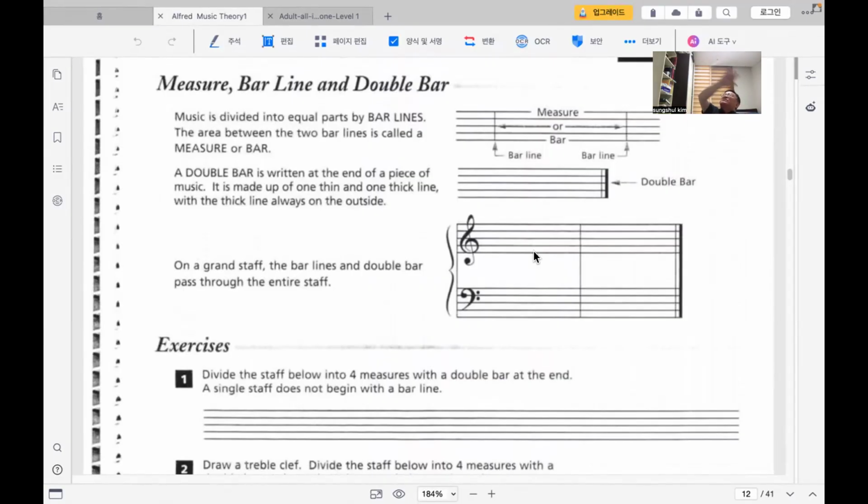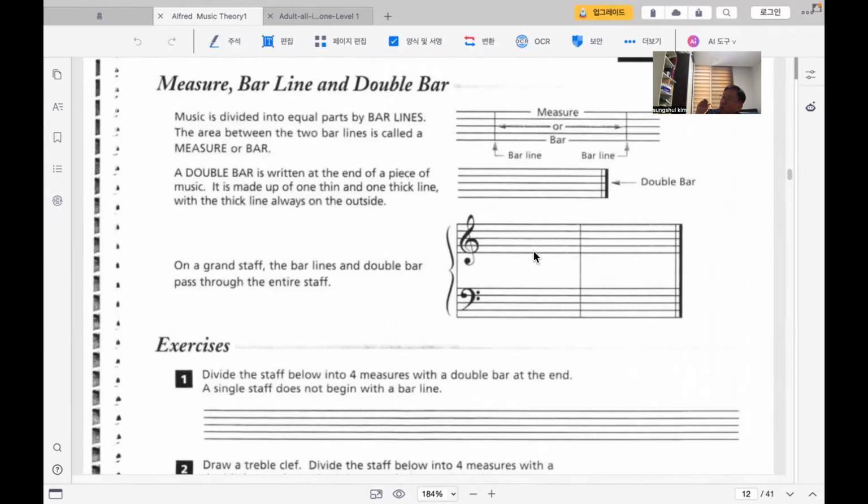Just imagine line 1, line 2, line 3, line 4, line 5. First, draw a treble clef. Draw a bass clef. Bar 1, bar 2, bar 3, bar 4, bar 5, bar 6, bar 7, bar 8 is the last end of the music. Double line.